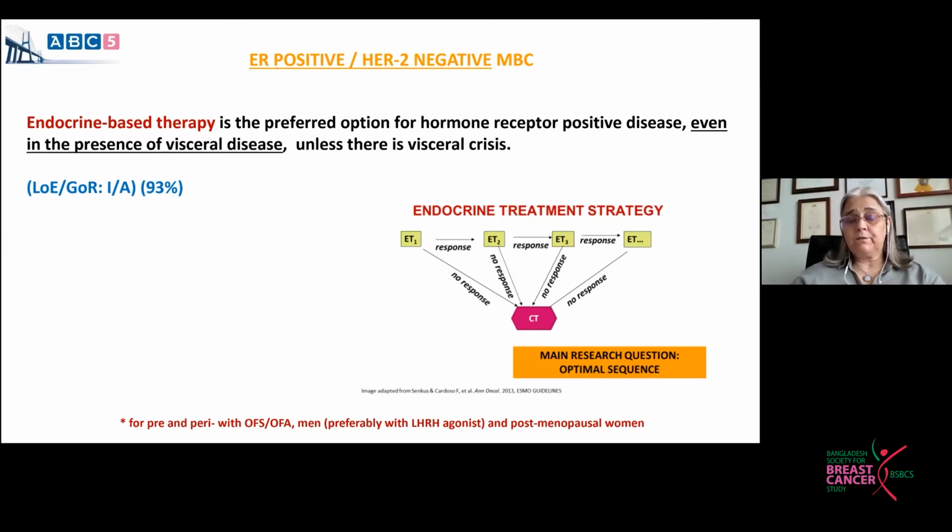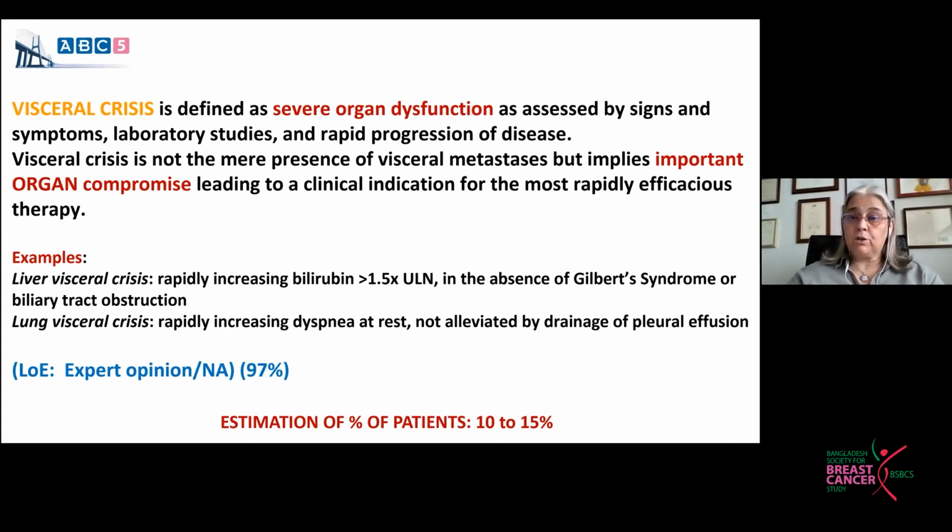So a little bit of definition of what is a visceral crisis. So visceral crisis is not equal to having visceral metastasis. So just because you have some liver metastasis, that is not an indication for chemotherapy. Please remember that. That's also one of the important take-home messages from my talk. And for you to have a visceral crisis, the organ must be severely compromised.